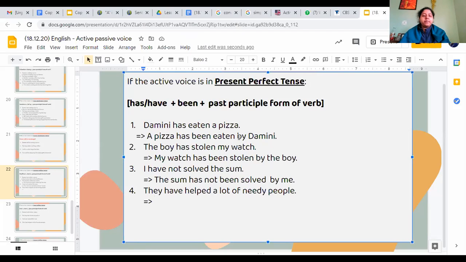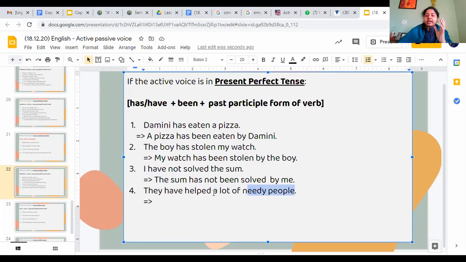Who will answer this one? Teacher, a lot of needy people have been helped by them. Very good. Thank you so much, Vaishnavi. Yes, this time the object is the whole thing. A lot of needy people. Normally, I would think whether only people is the object or needy people is the object. But the complete object is with all the adjectives along with it.